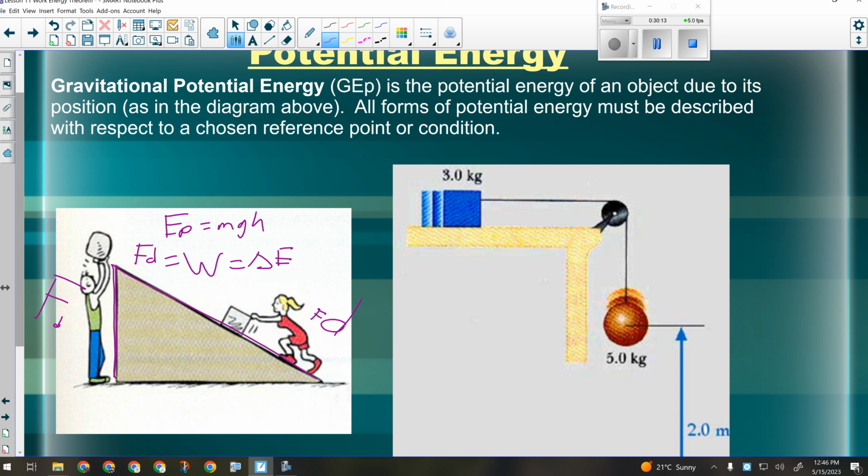Okay, so this is some of the simple machine stuff and how it works. Let's say I've got this situation here where I've got the 5 kilogram ball and the 3 kilogram box. If I pull the 3 kilogram box back so that this ball can fall, and it's 2 meters above the ground, and I'm just holding on to the ball, does that system have energy?